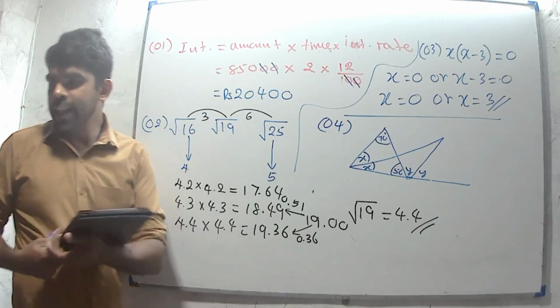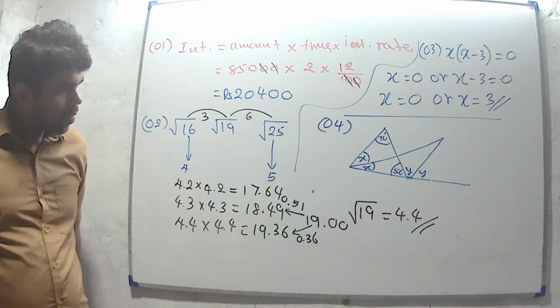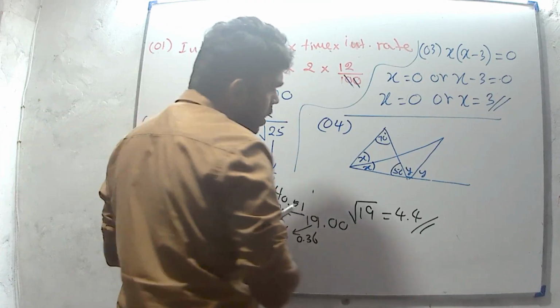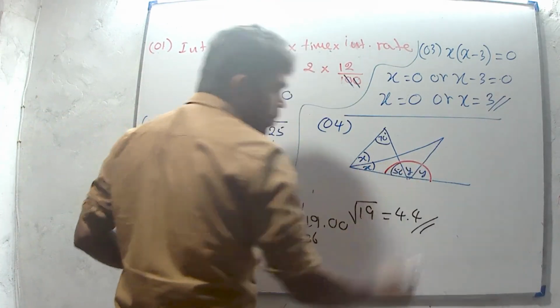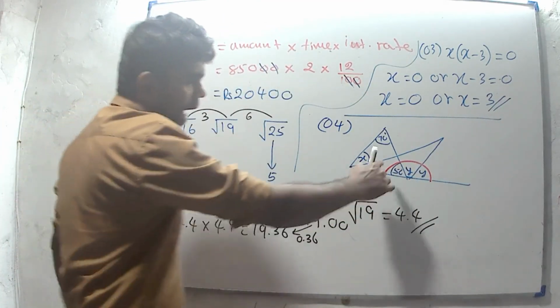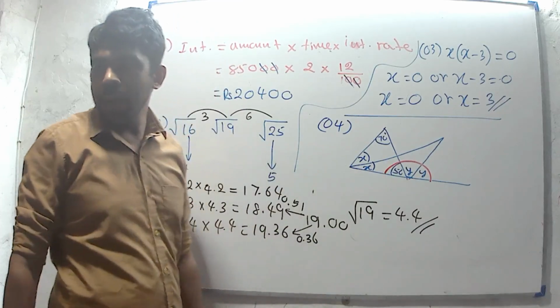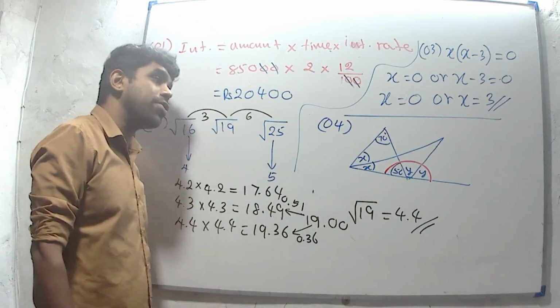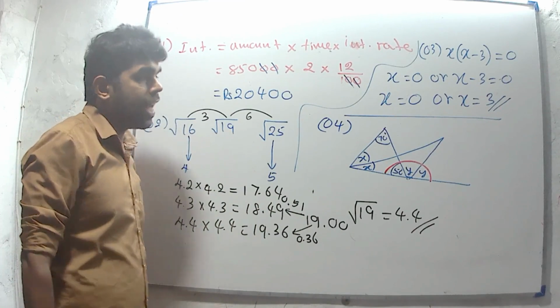We can consider the sum of these three angles. These three angles are on a straight line. Then the sum of adjacent angles on a straight line should be 180 degrees.